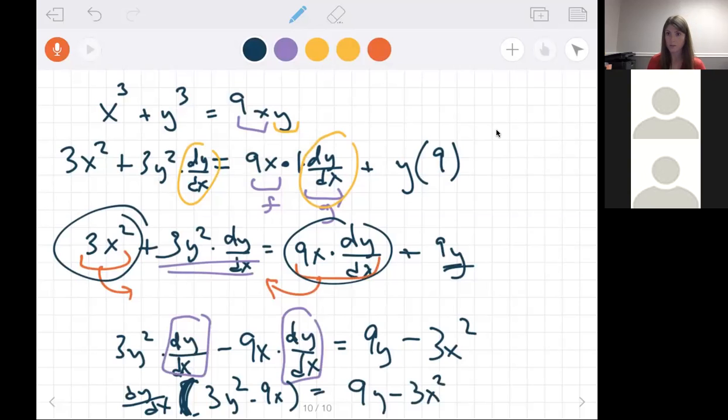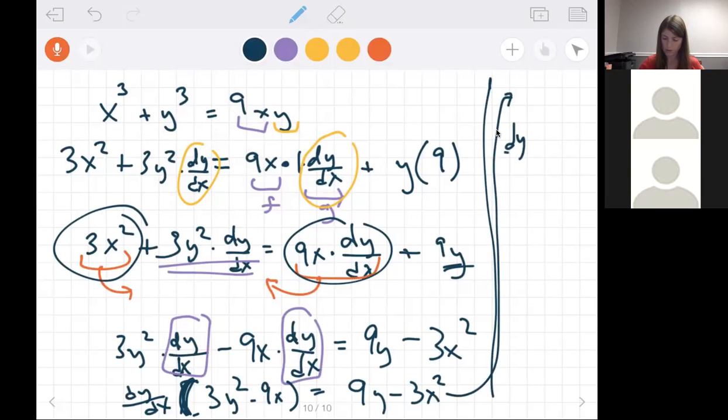This gets kind of messy because notice we still haven't found dy/dx equals. I'm going to try to squeeze it in right up here so we can keep it on the same page. So our dy/dx equals 9y minus 3x squared.